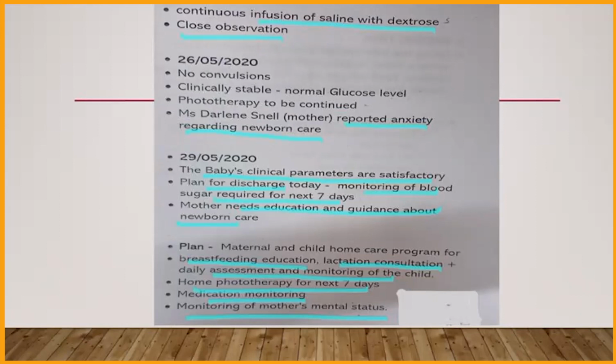Her mother requires education regarding newborn care. It should not be explanatory. As Liana is being discharged today. Why do you say Miss Liana? She's only 11 days old, so you just use the name. If it's a baby, the name is important. As Liana is being discharged today.